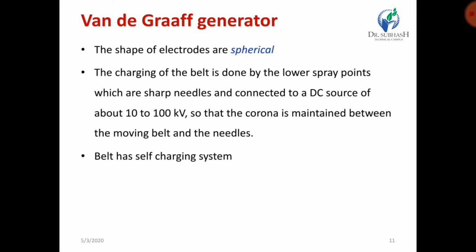The charging of the belt is done by the lower spray points, which are sharp needles connected to a DC source of about 10 to 100 kilovolt, so that the corona is maintained between the moving belt and the needles. The belt has a self-charging system. So this is all about the Van de Graaff generator.